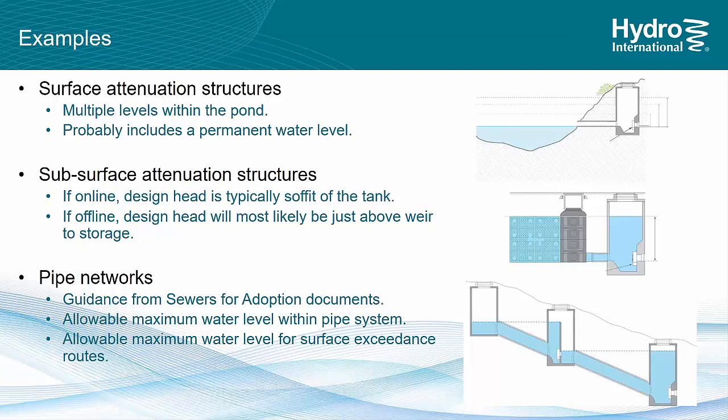For subsurface attenuation structures, again, we don't want to surcharge the pipework, but typically to try and reduce construction costs, that attenuation structure will be sized for your 1 in 30 year flow rate at a minimum.